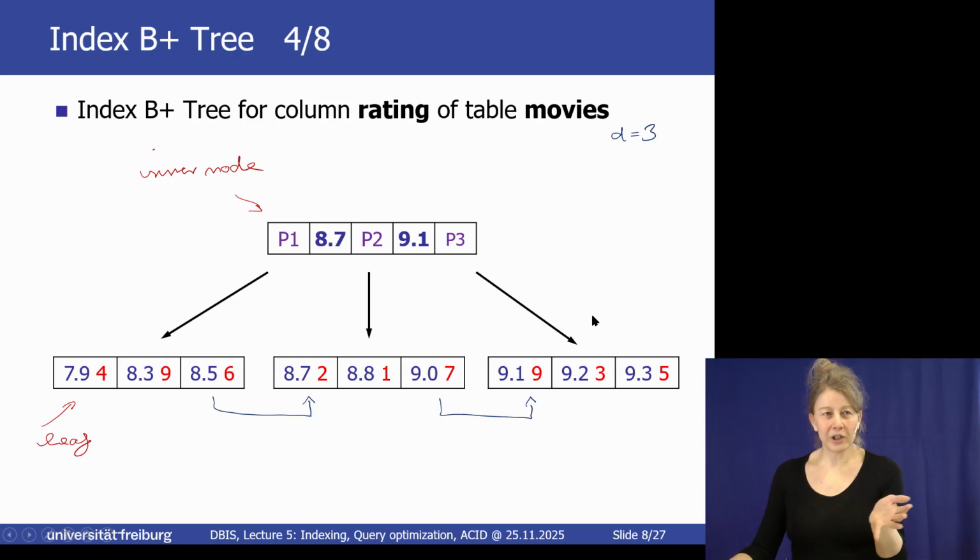So I have 3 children in this tree, and this is just the smallest value in the second child, and this is the smallest value in the third child. I'm not storing the smallest value in the first child, so if I have D children, 3 children, I just have 2 here.